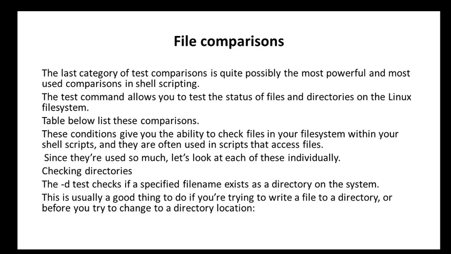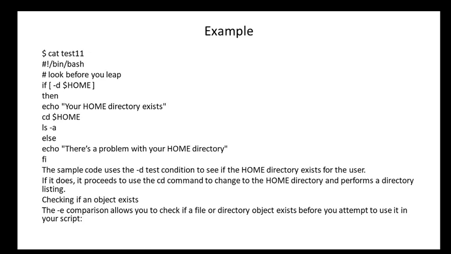Checking the directory: D checks if the specified file name exists as a directory on the system. It is usually a good thing to do if you are trying to write a file to a directory or change a location. Consider this example, where we'll see only the condition.